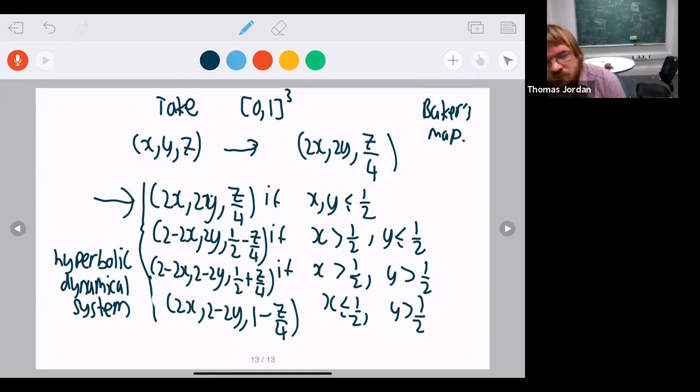Okay. Thank you. Is my interpretation then correct that there's so much chaos going on in this that in reality it behaves almost like random variables?